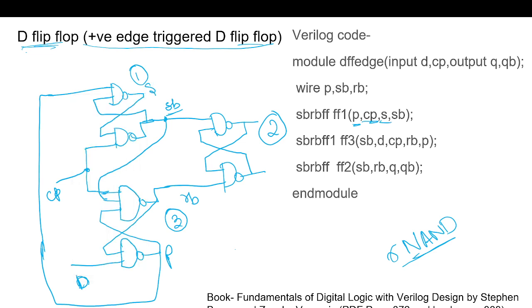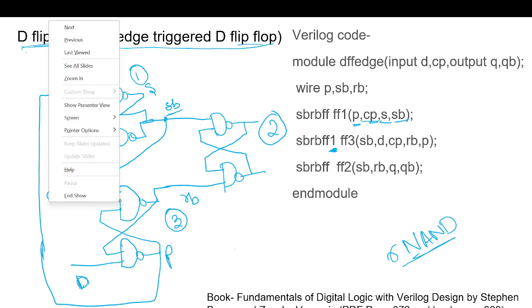So this will be S and SB. And if I am instantiating this one, I have a 3 input NAND gate, so I will have one more module definition. So one input is this one, SB.